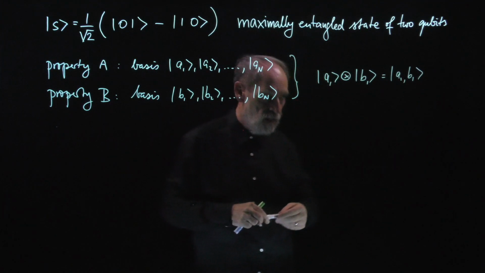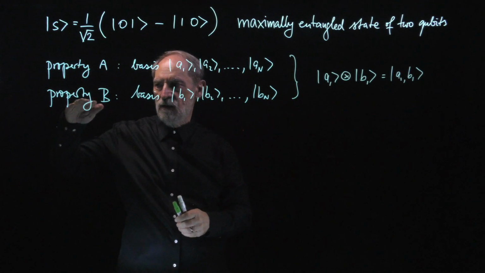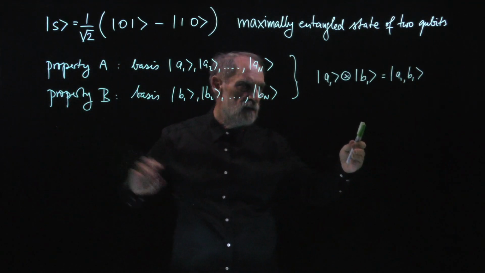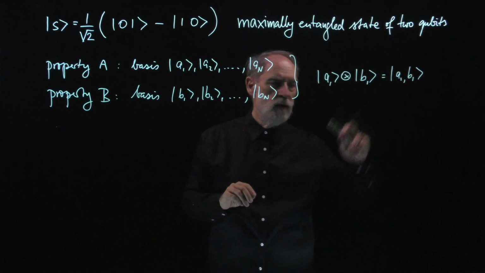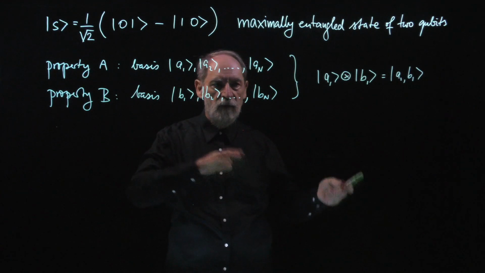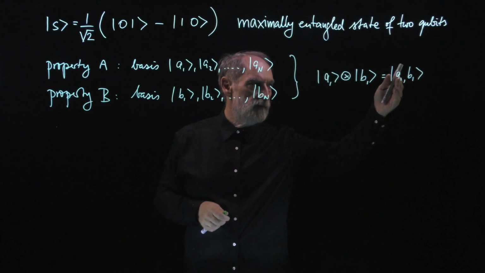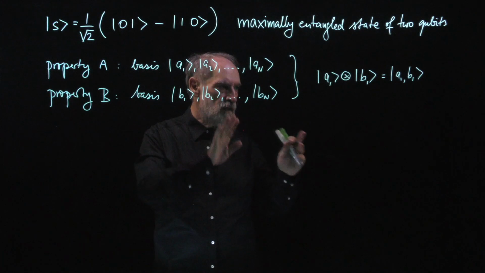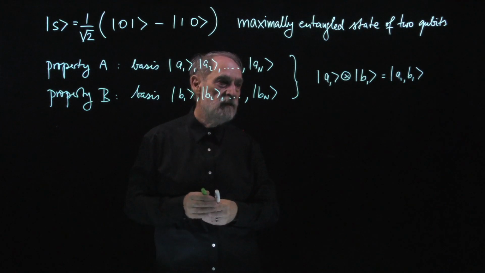So this is now a ket for two parties, property A for one physical system, property B for the other physical system. And if the joint system is described by this ket here, then property A has the value A1 and property B has the value B1. And of course we can also combine A2 with B5 and so forth if we like. Now, as long as we have the physical system described by this kind of ket, then property A has a definite value and property B has a definite value, and they are like separate properties in separate systems.